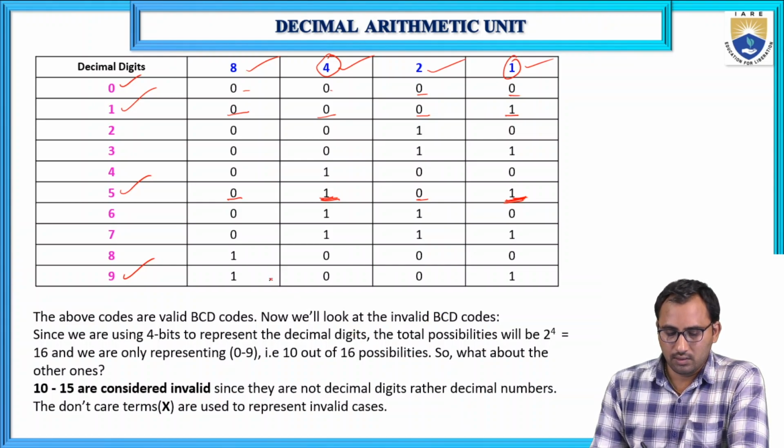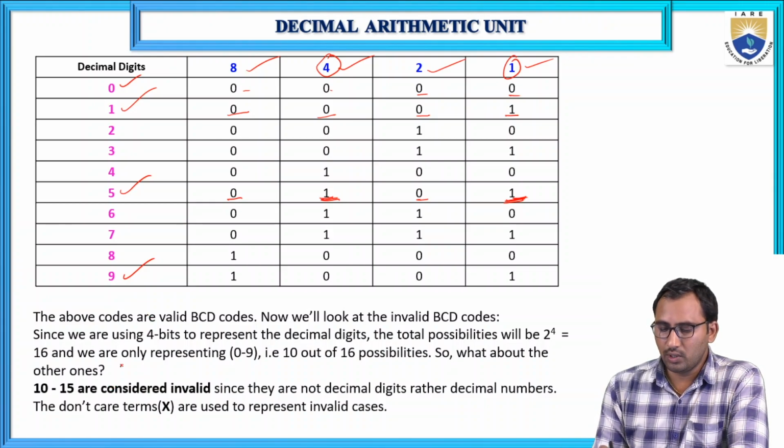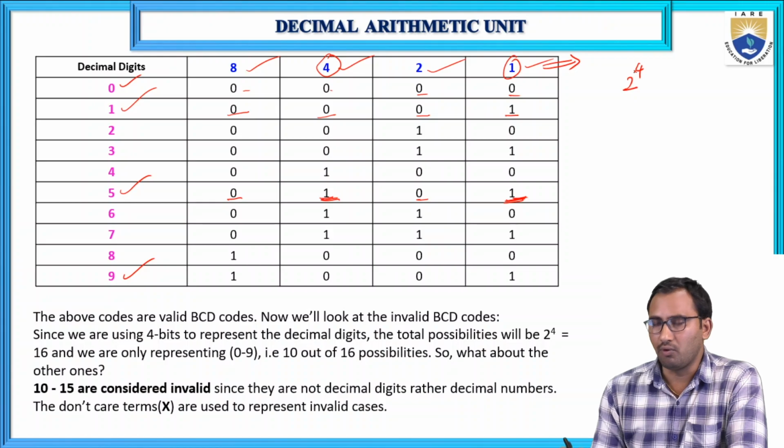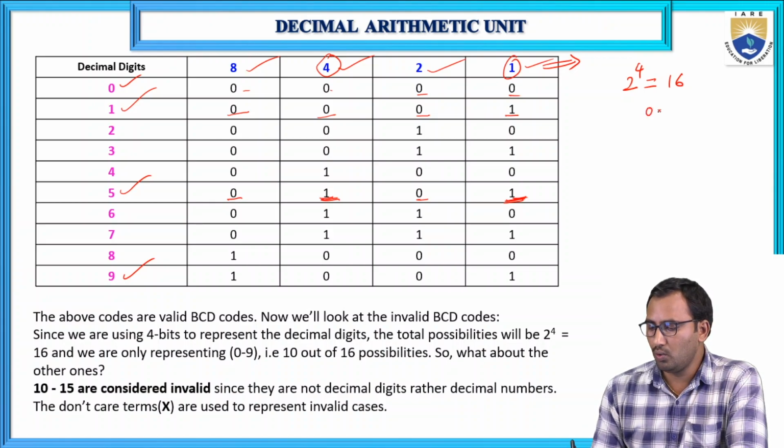So the numbers from 0 to 9 are considered valid BCD numbers. Here in total we are representing with 4 bits. 4 bits means 2 power 4, so in total we have 16 numbers, 0 to 15.